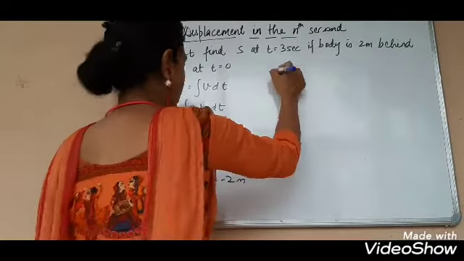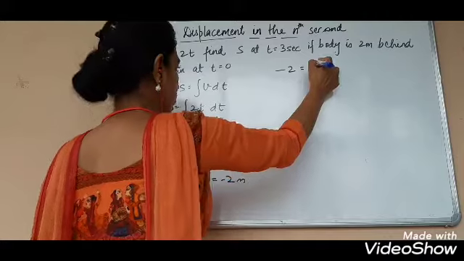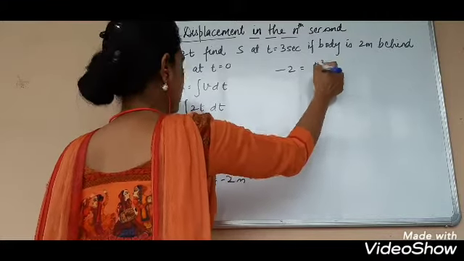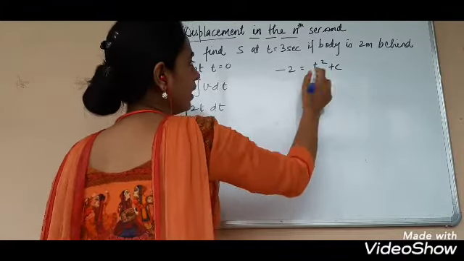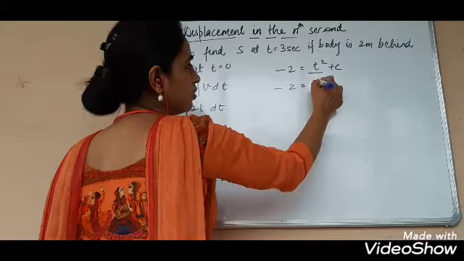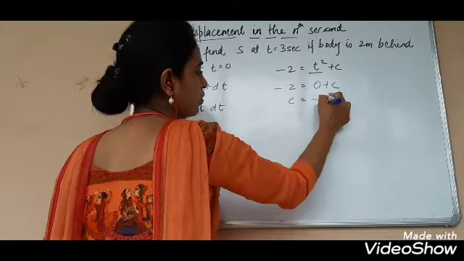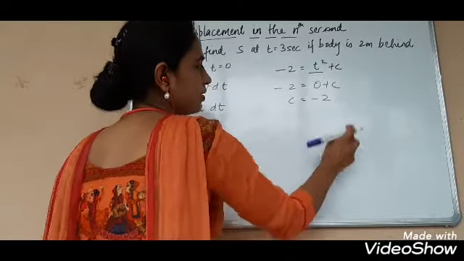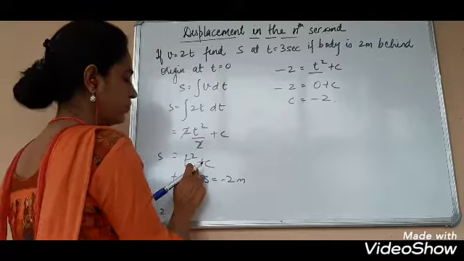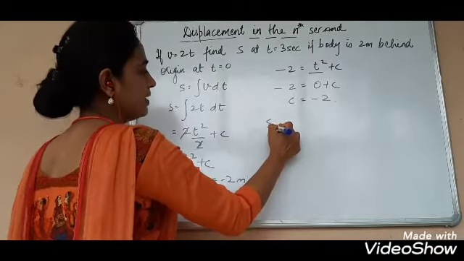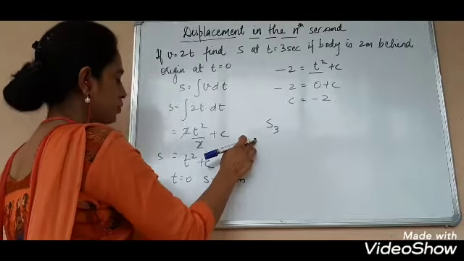So minus 2 equals t square plus c. Okay. So minus 2 equals 0 plus c, or c equals minus 2. So we got the value of c. Now we can find s at t equals 3 seconds.